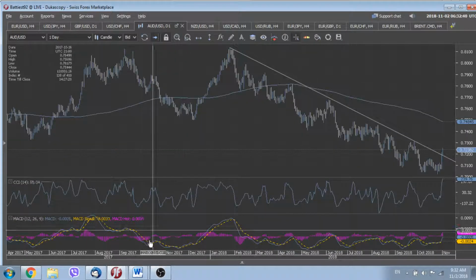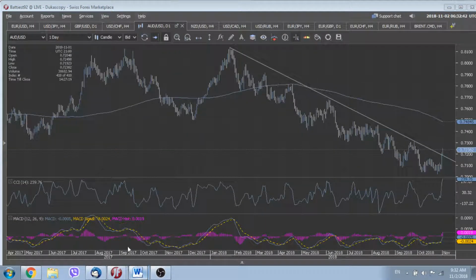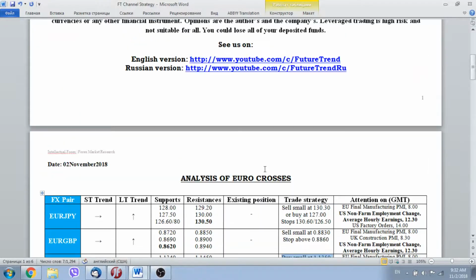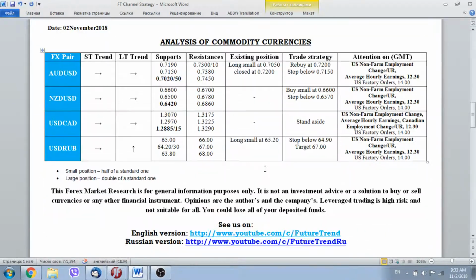As regards the Aussie dollar, now let's speak about the commodity block of currencies. You know that we had a long position in the Aussie at 0.7050, but yesterday we were out of this position with a profit of 1.5 figures at 0.72.